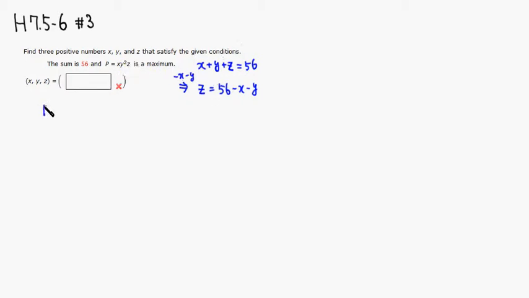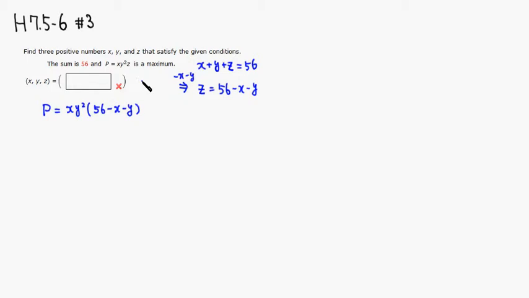So p is going to be equal to xy squared, then z is 56 minus x minus y.